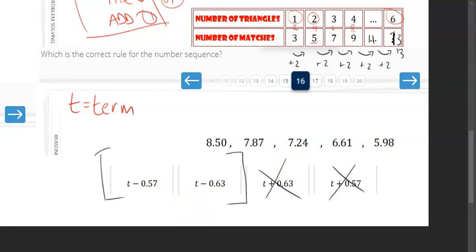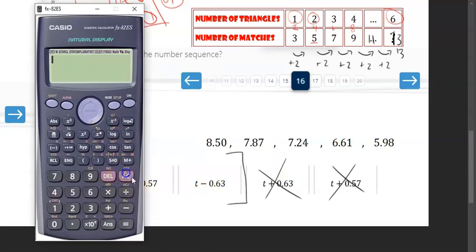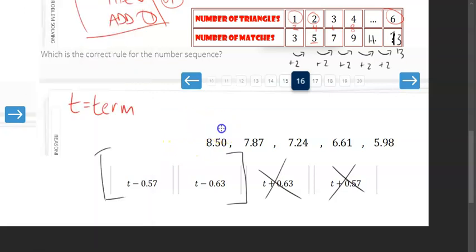Now, in order to determine what we're subtracting, we can take the first term, 8.50, and see the difference to the next term, which is 7.87. The difference is 0.63. So we know this is going down by 0.63, meaning T minus 0.63 is your answer.